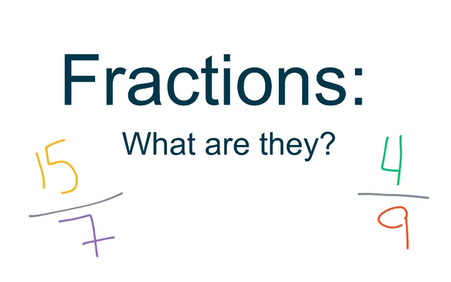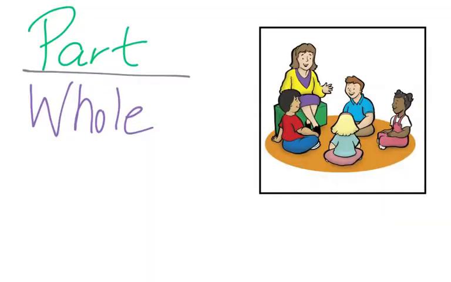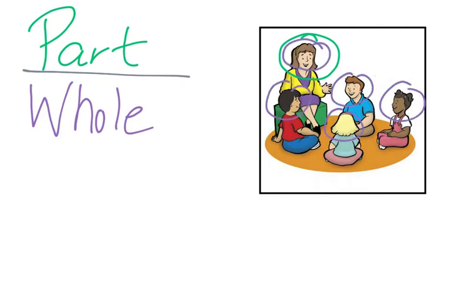So, what are fractions? A fraction is a part-to-whole relationship. If we look at this picture here, we see that the teacher is one teacher to 1, 2, 3, 4, 5 total people in the room.